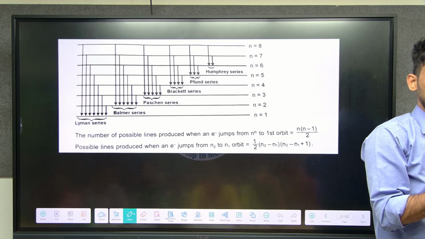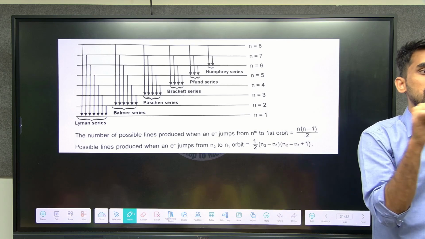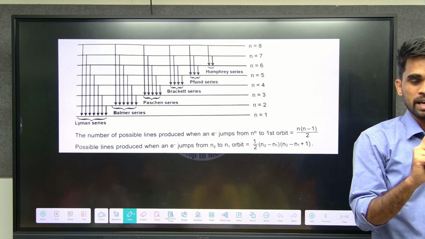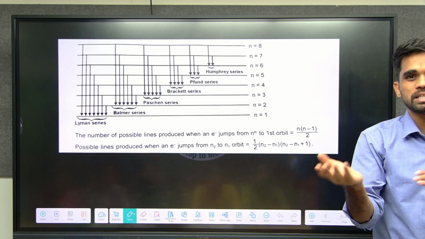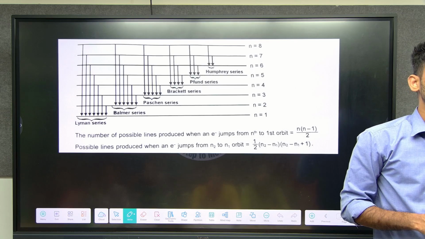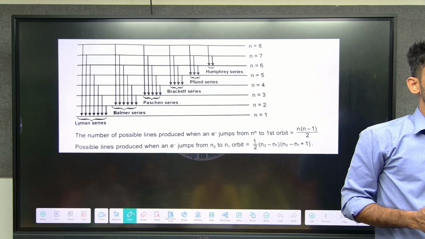Visible. Okay, this is also clear. So what is the H alpha line of Balmer series? Alpha means first, like alpha, beta, these are nothing but A, B, C, D. Alpha means first line. So from where to where is the first line in Balmer series? 3 to 2.